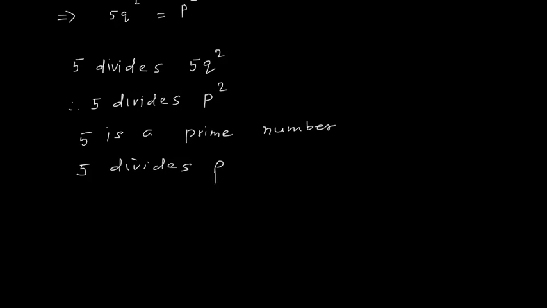Now 5 is a prime number, therefore if 5 divides p square, then 5 will divide p. This you have to remember as it is. Now as 5 divides p, we can write p as 5m, because p is a multiple of 5. So p is equal to 5m.